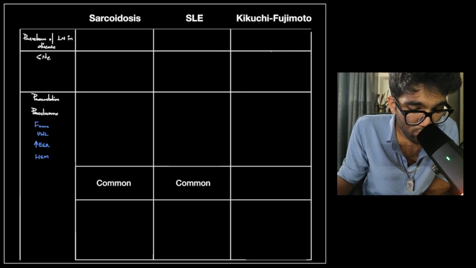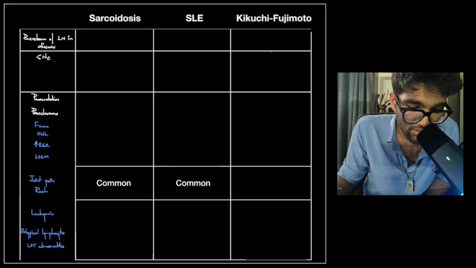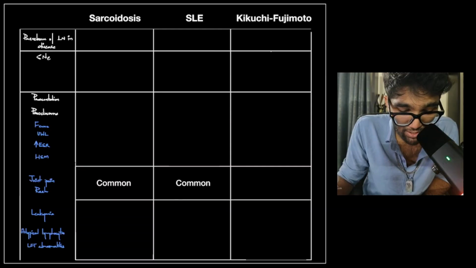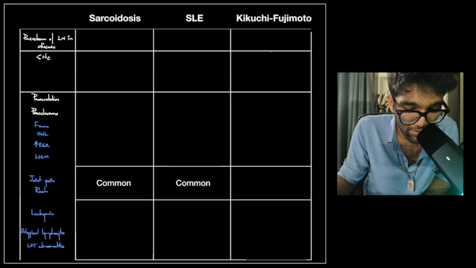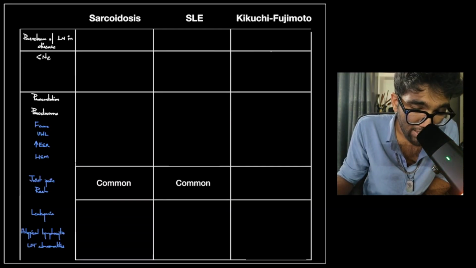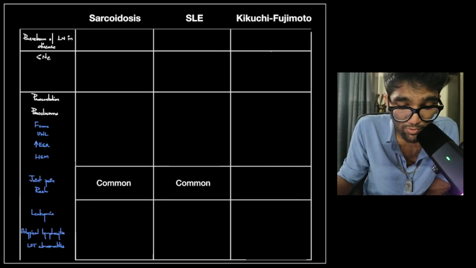What are the other clinical findings? For example, what are the constitutional features such as fever, unintentional weight loss, and elevated inflammatory markers as well as hepatosplenomegaly? And what is the prevalence of joint pain, leukopenia, and atypical lymphocytes in these patients? These are the things that you're going to talk about. Now, both sarcoidosis and SLE obviously are systemic lymphatic diseases.